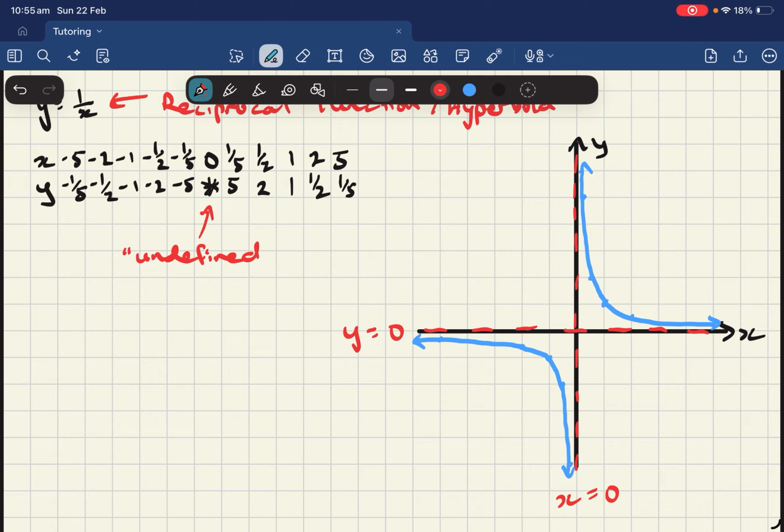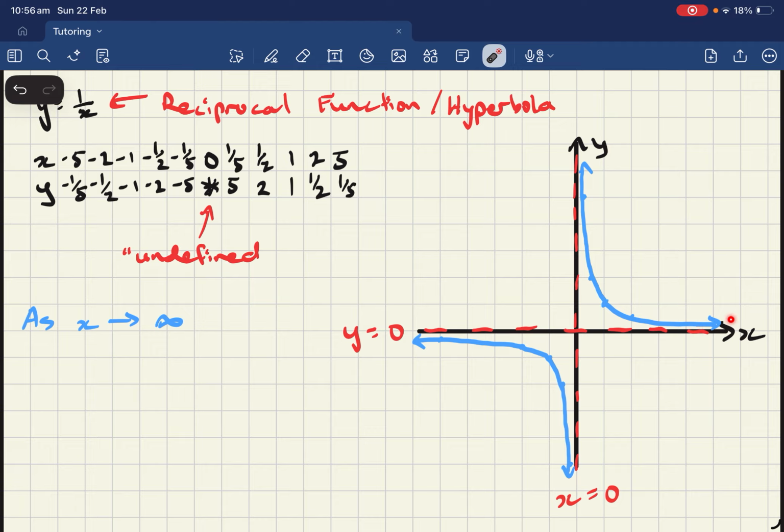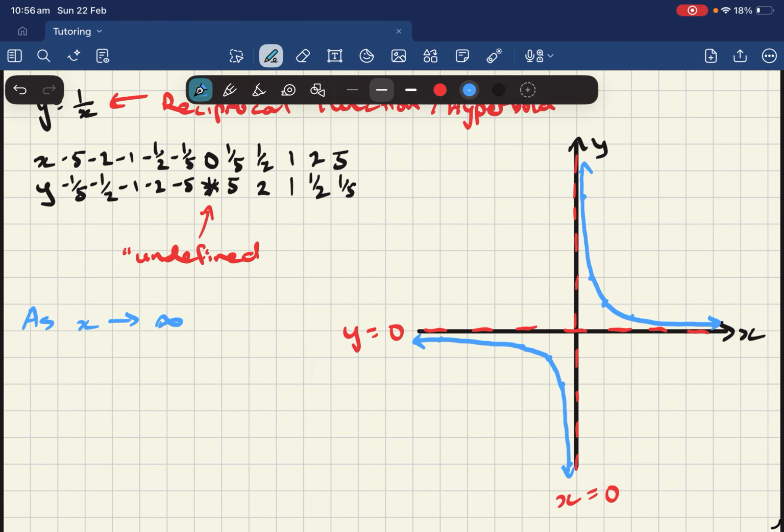So we basically have two asymptotes here, and I'm actually going to make a note of what is happening with both of these. So we notice that as x approaches positive infinity, so as x gets bigger and bigger and bigger, y approaches 0.